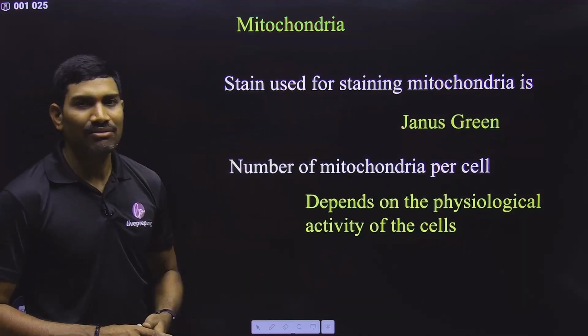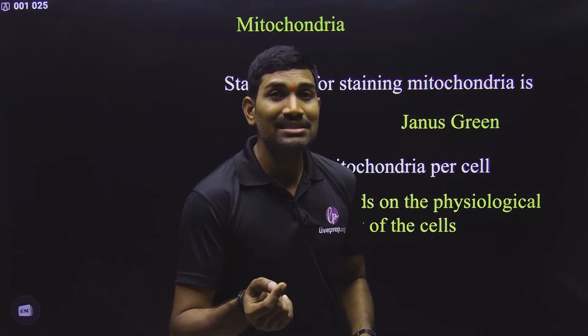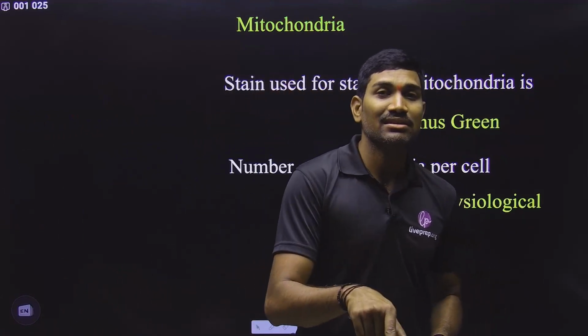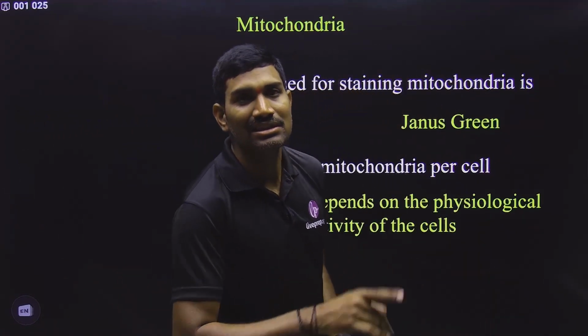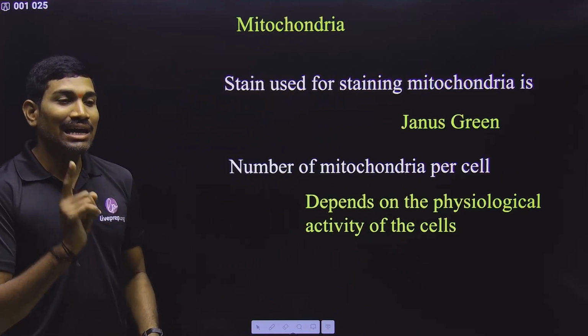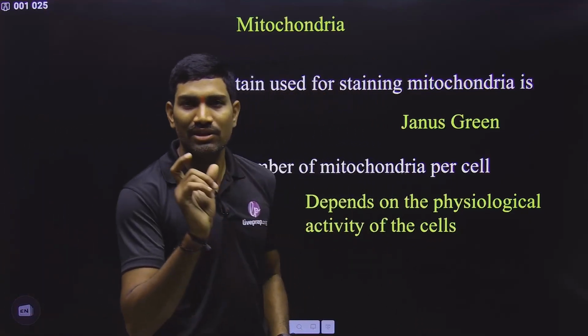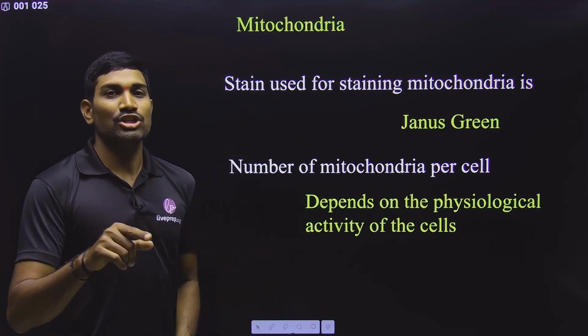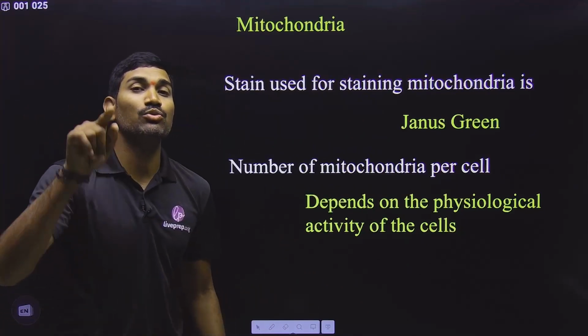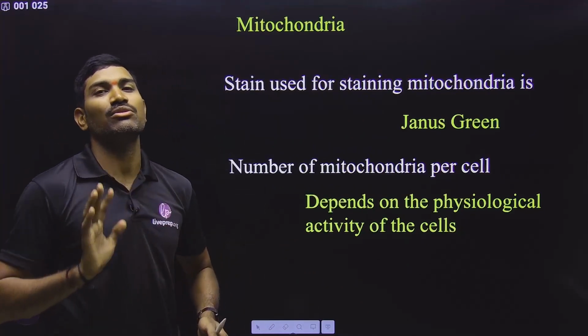In the NCERT, they have given a sentence: unless it is specifically stained, we cannot clearly see this under the microscope. Please observe this. Unless specifically stained, you cannot see. That means its size is very, very small. And the second point is, if you want to see mitochondria, you need to specifically stain the mitochondria.